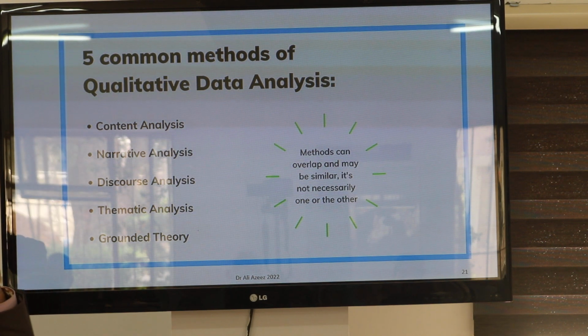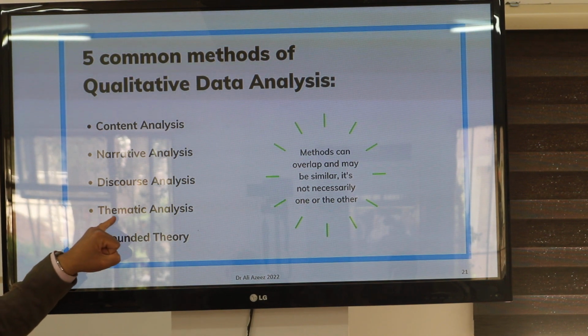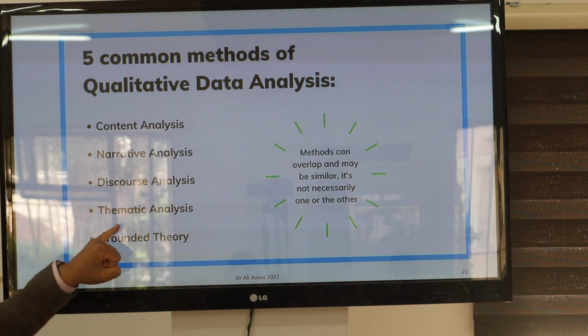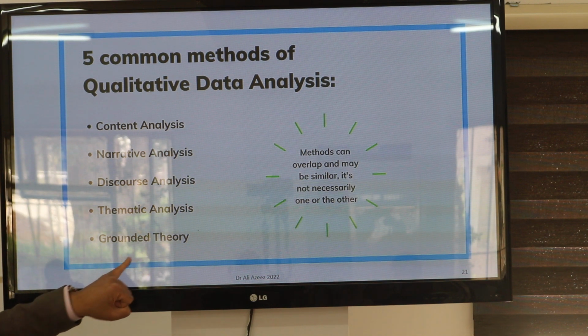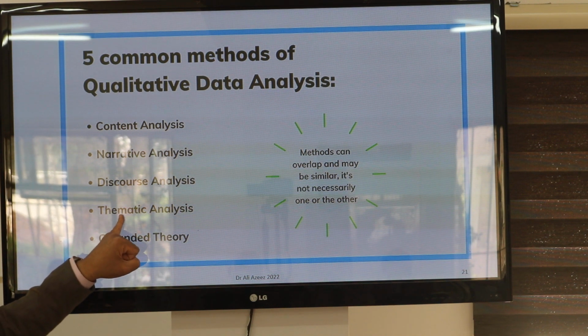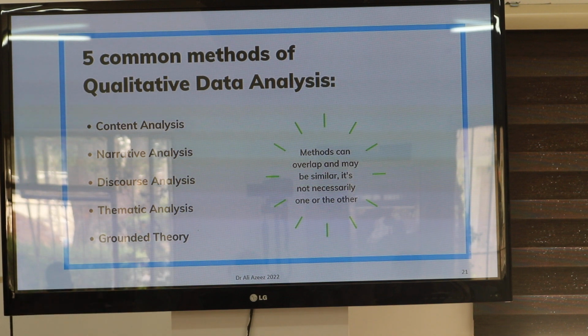Content analysis, the simple one, we count how many times our participant mentioned this term or this phrase. Narrative analysis, discourse analysis, thematic analysis, grounded theory. Grounded theory is very open.